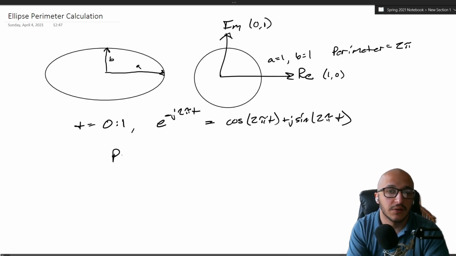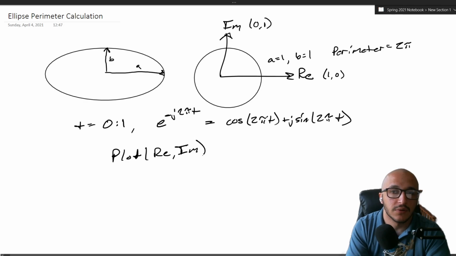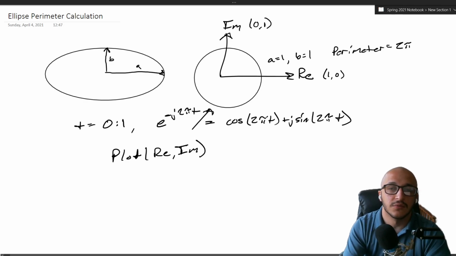And then if you plot the real part of that by the imaginary component, you get the unit circle.